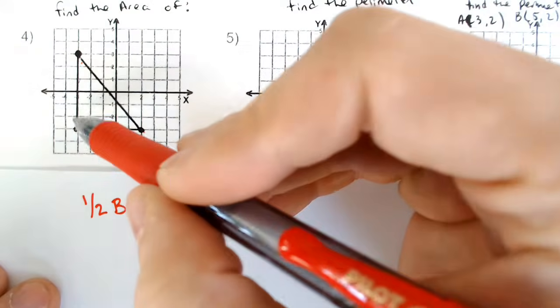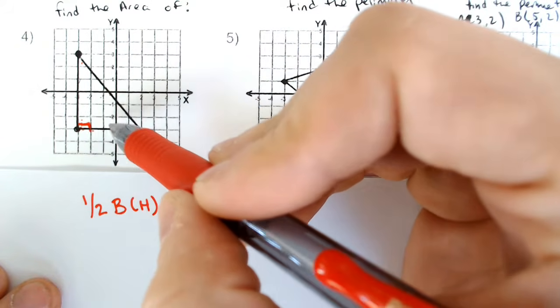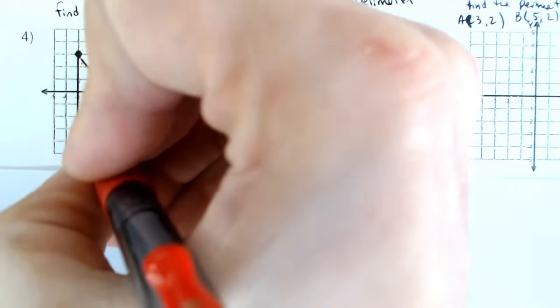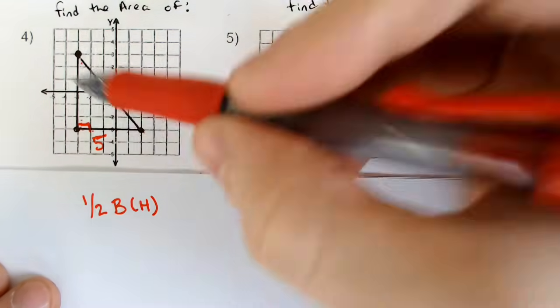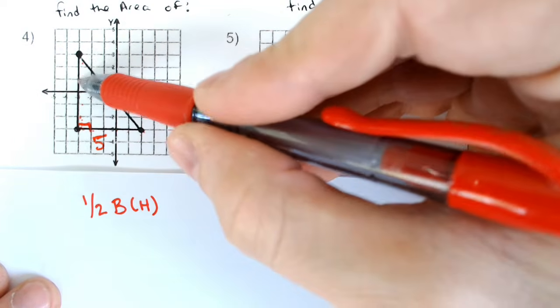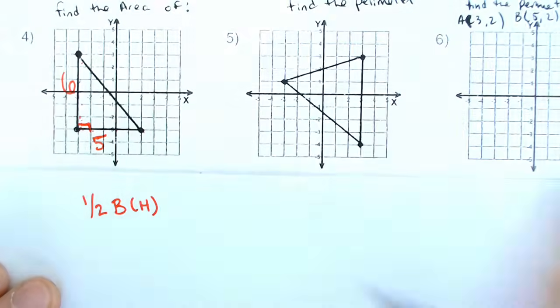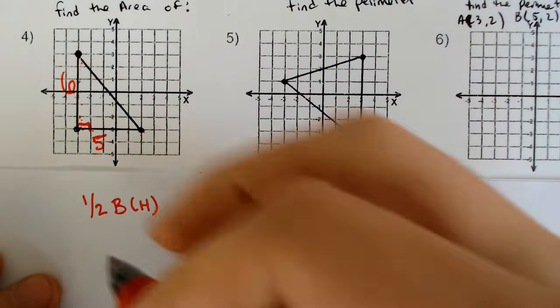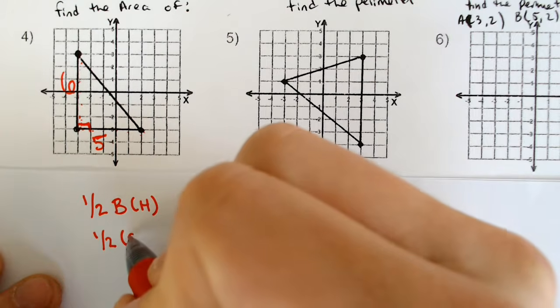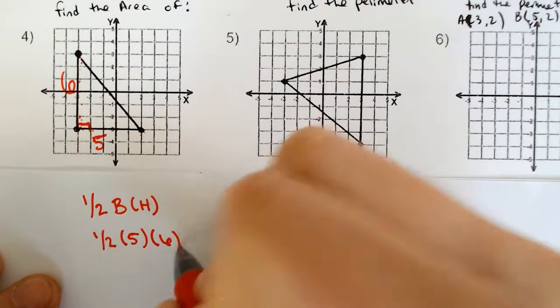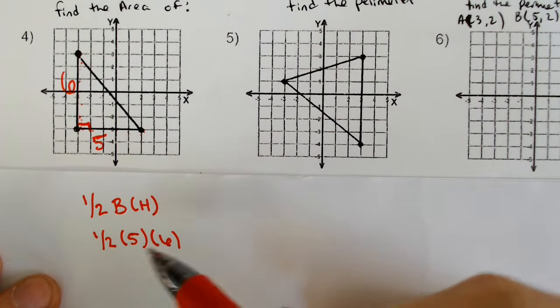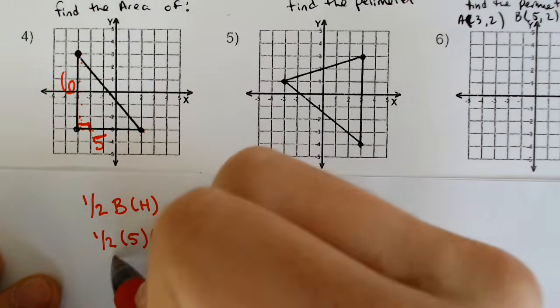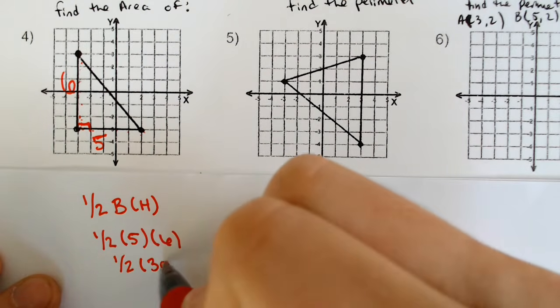So let's start with, what is the base? 1, 2, 3, 4, 5. What is the height? 1, 2, 3, 4, 5, 6. So we just plug it into the formula. 1/2 base times height. My recommendation is to multiply the base and height first, and you end up with 1/2 times 30.